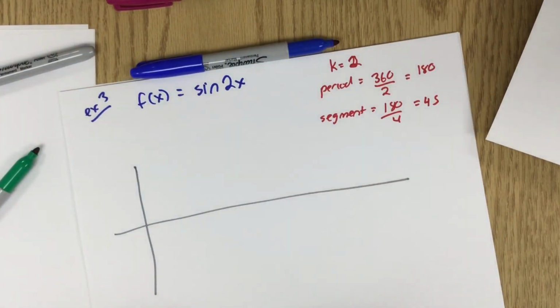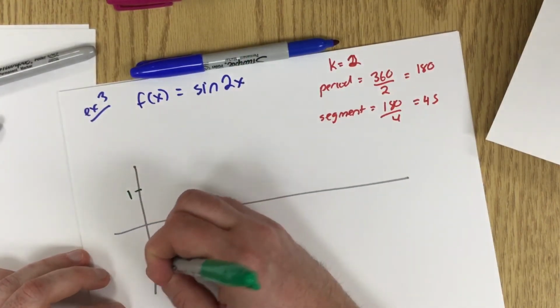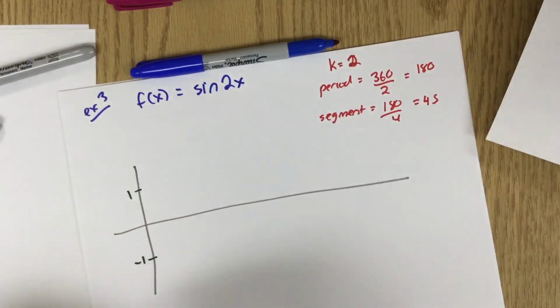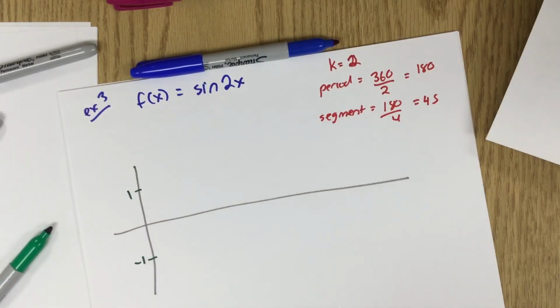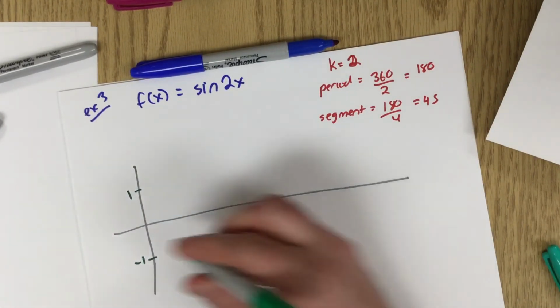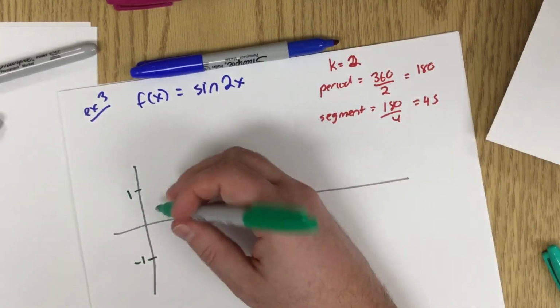So how are we going to use this? We know that the sine graph normally starts at 0, goes as high as 1, and as low as negative 1. Now, instead of going up by 90, each segment is 45.